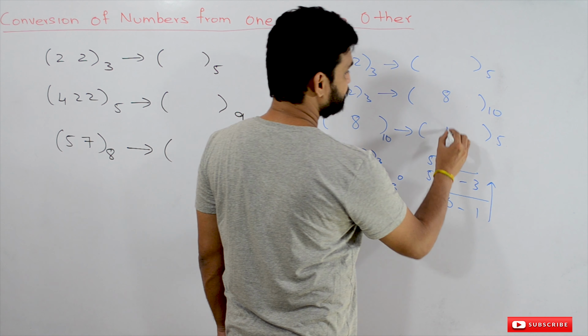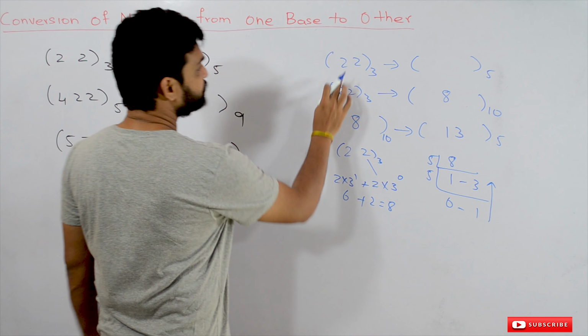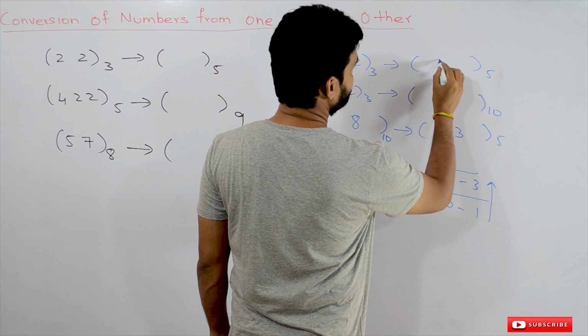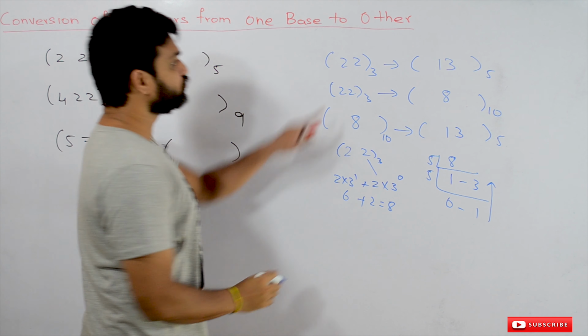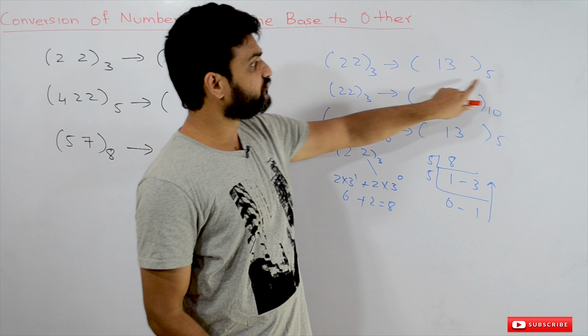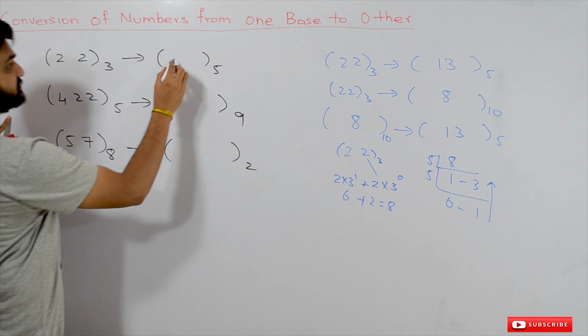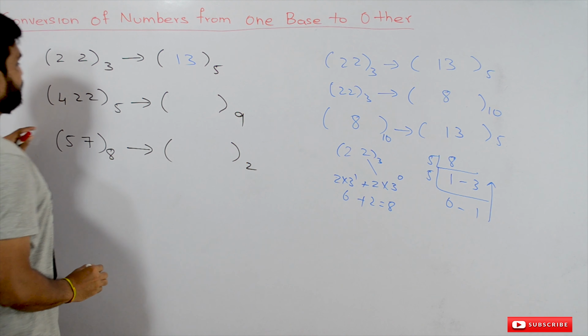It is 13. So 22 in base 3 is equivalent to 13 in base 5. The answer is 13 base 5.